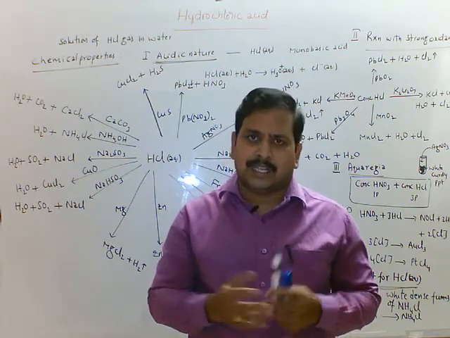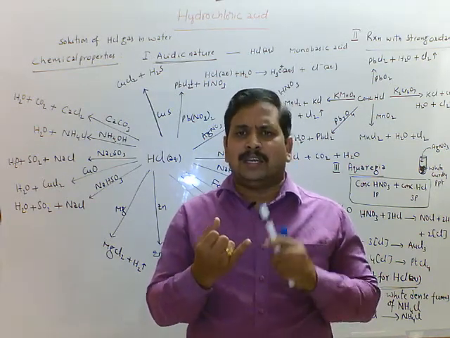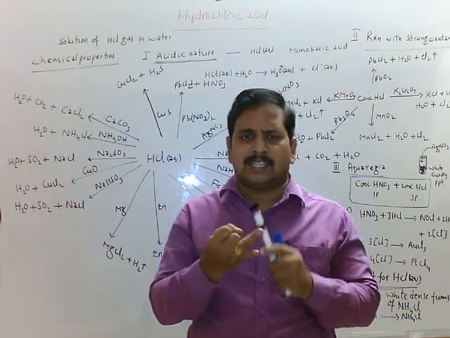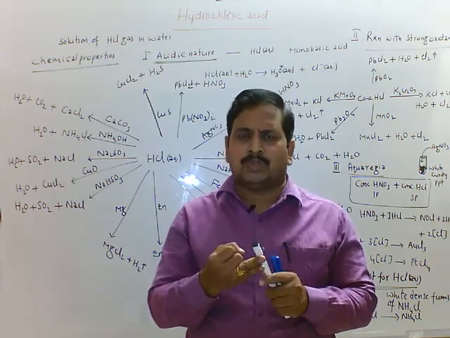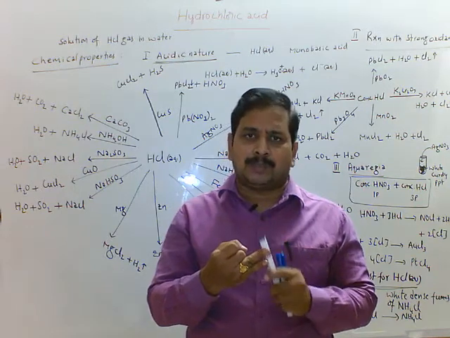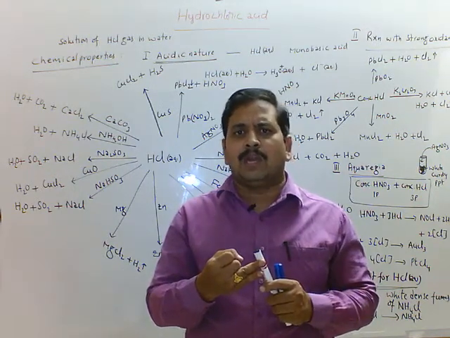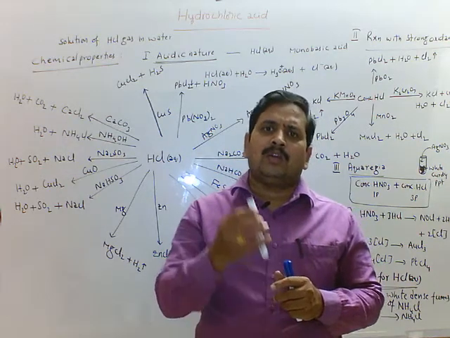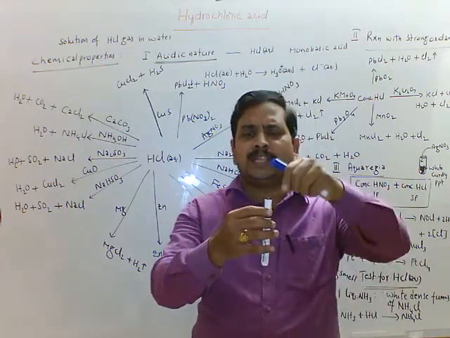This is third test. So first test is reaction with liquid ammonia. It gives white dense fumes. Second test is reaction with silver nitrate solution. It gives white cloudy precipitate which is soluble in excess of ammonium hydroxide. And third test is to the hydrochloric acid we are adding manganese dioxide.